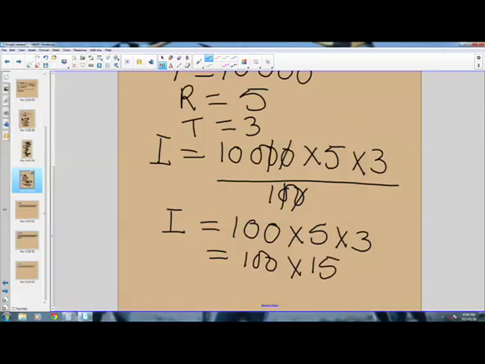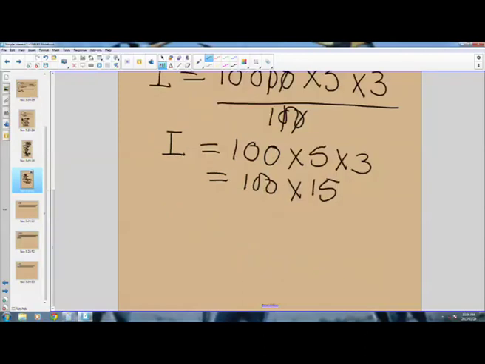And this is just multiplying by a power of 10. I don't think you need a calculator to work this out. 15 times 100 is 1500. So the simple interest is 1,500 pula. That is the interest which will be earned over 3 years at 5% per annum.